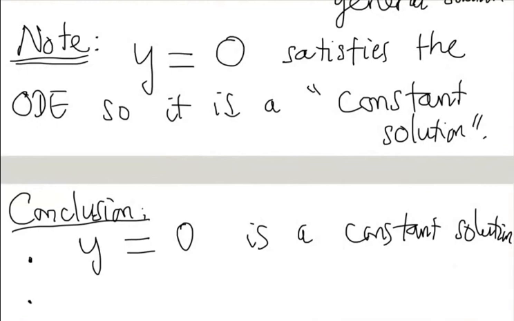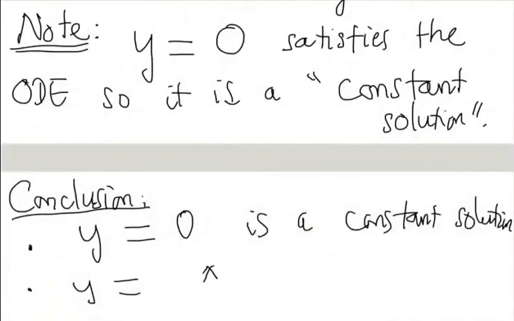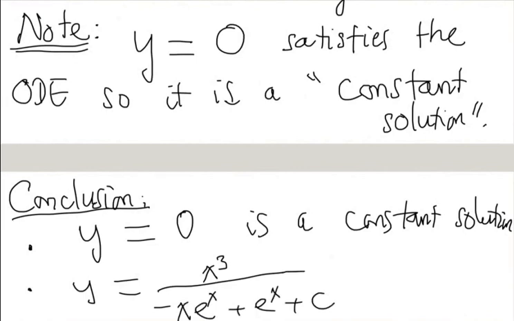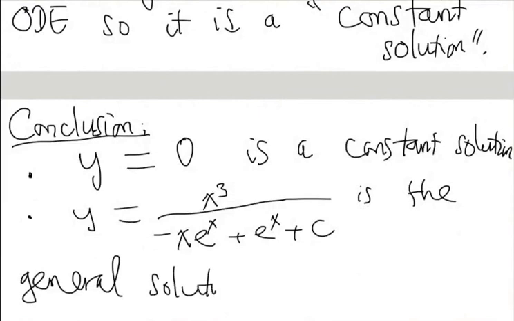And then the general form, y equal to x cubed divided by minus x e to the x plus e to the x plus c, is the general solution. And this is the end of the lecture for today.